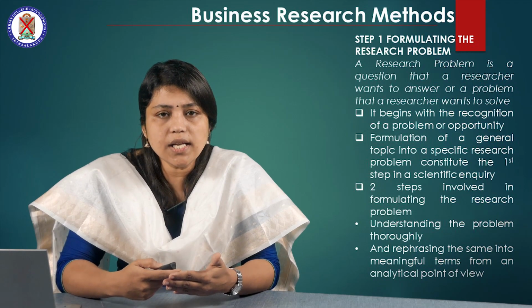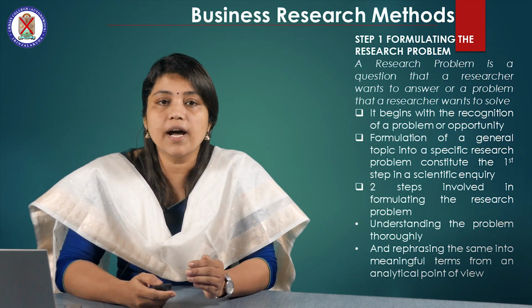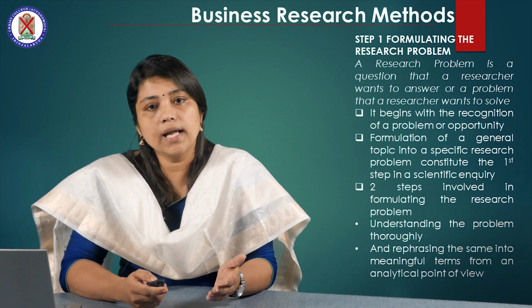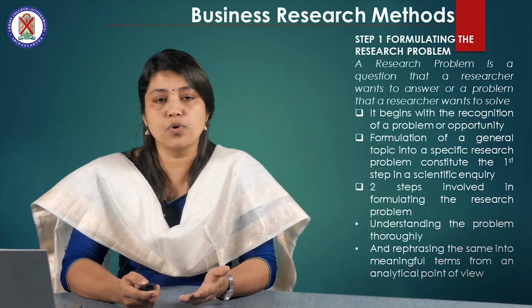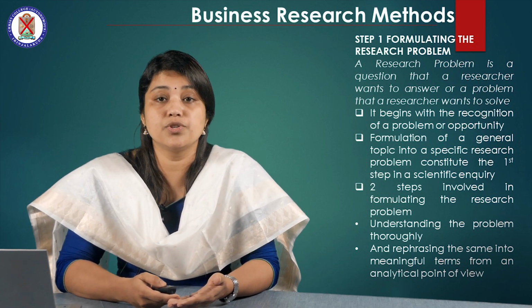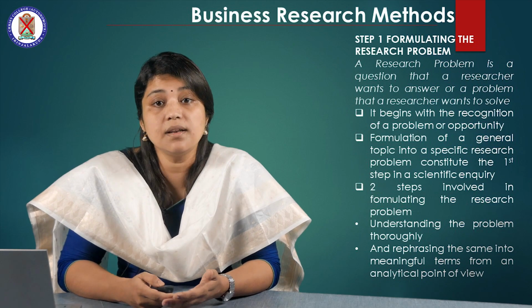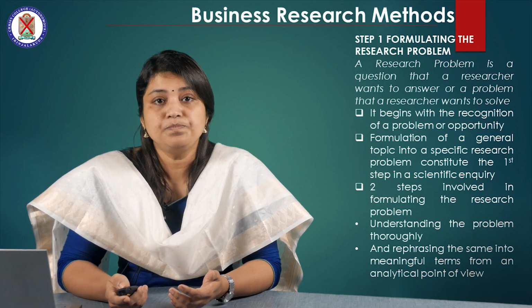So the researcher can use some techniques to define a research problem, like he can define the problem in a general way, understand the nature of the problem, survey the available literature, and try to develop some ideas through discussions and brainstorming, etc.